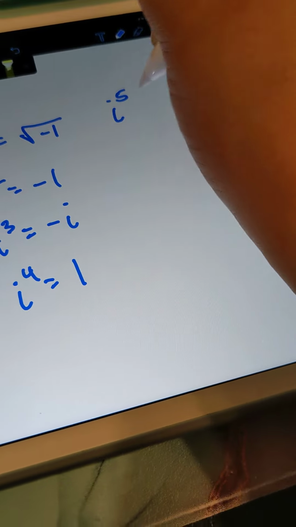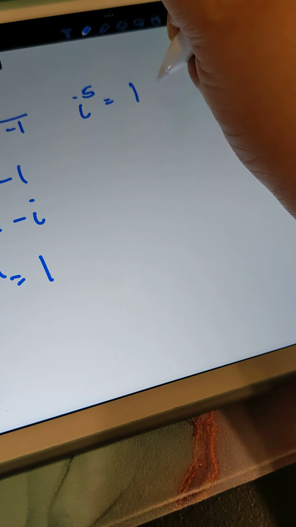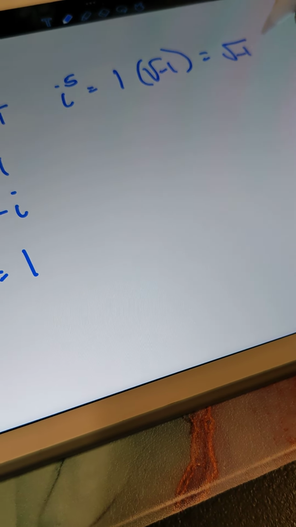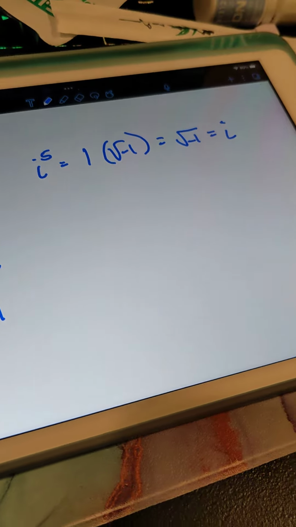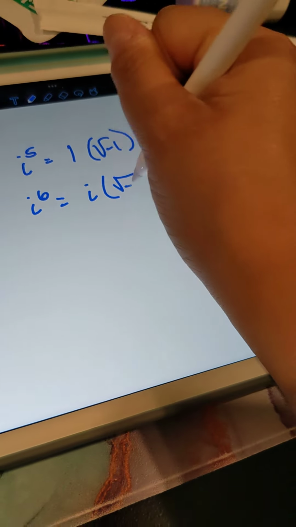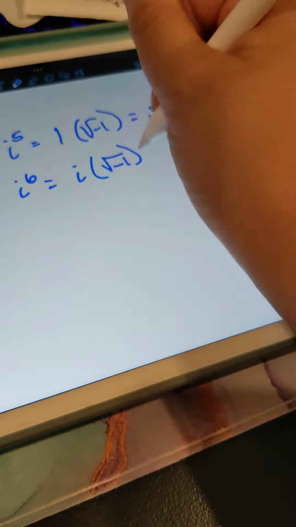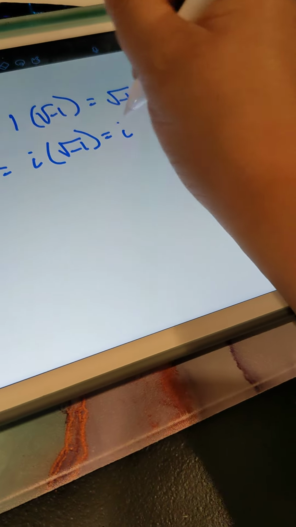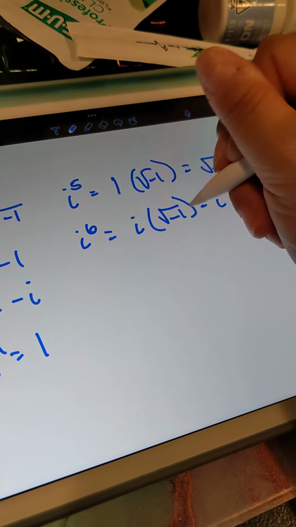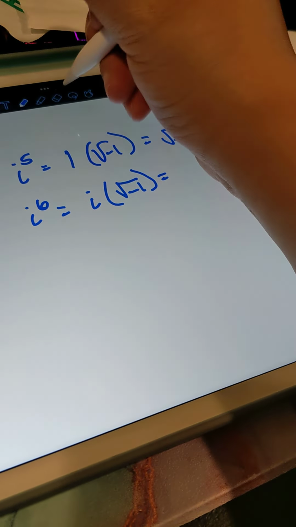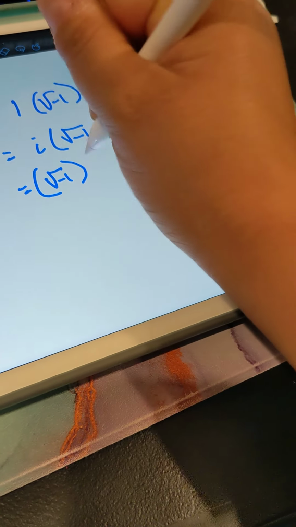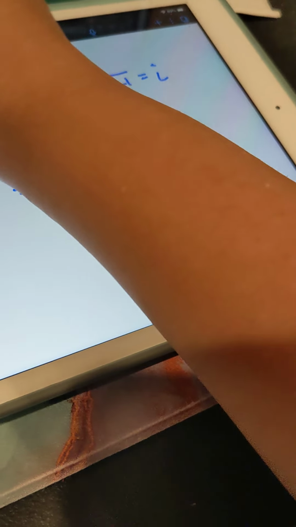So what's i to the fifth? Well, i to the fifth is going to be 1 times the square root of -1, or just i. i to the sixth is going to be i times the square root of -1, which is the same thing as the square root of -1 times the square root of -1.